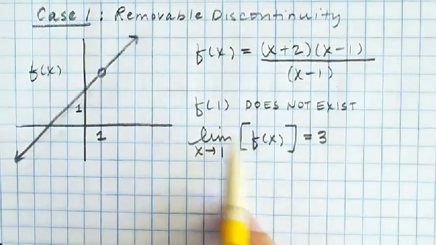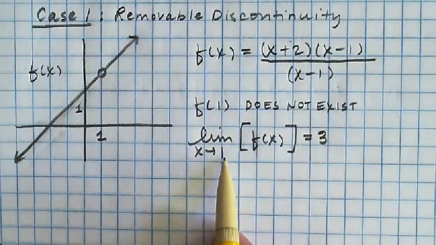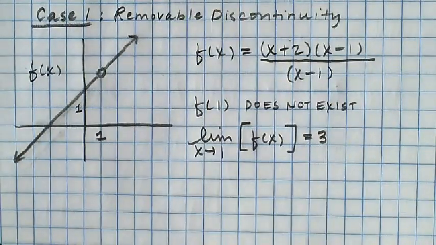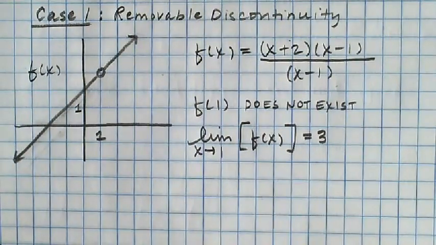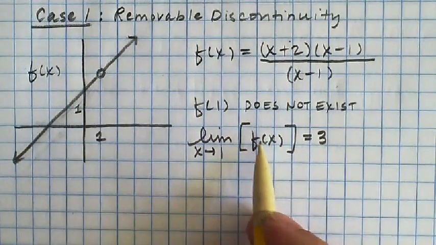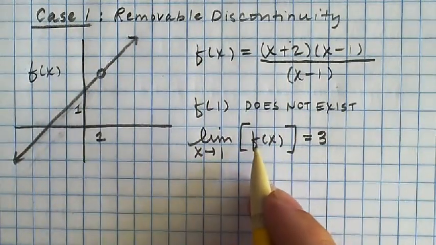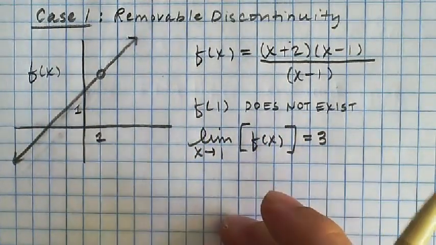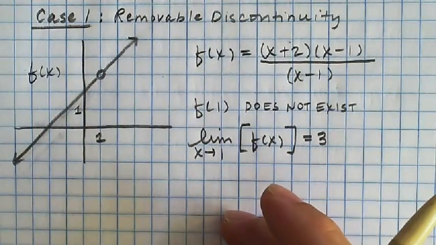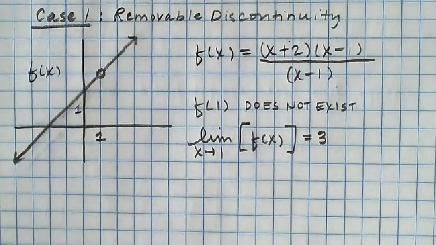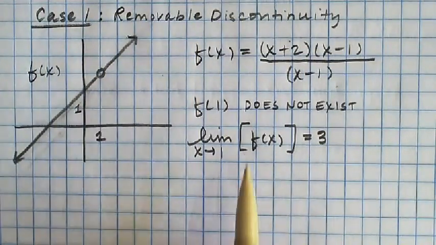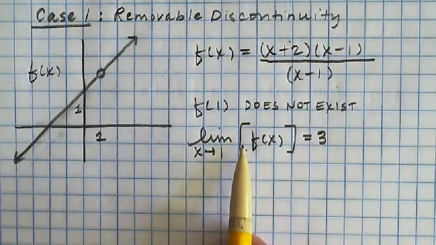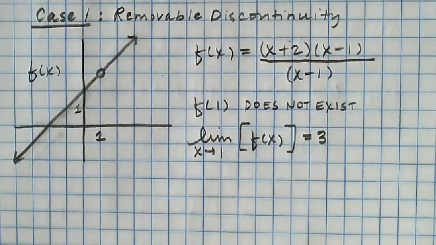So that's why the limit of f is 3 as x approaches 1. Okay, I still haven't told you what really the definition of a limit is, so I'm just giving you the intuitive picture. And I just want to point out that this f of x here is the argument of the limit in the same way that 2 pi over 3 could be the argument of sine. The limit is something we take of something. So I think that's about all I have to say about this case.